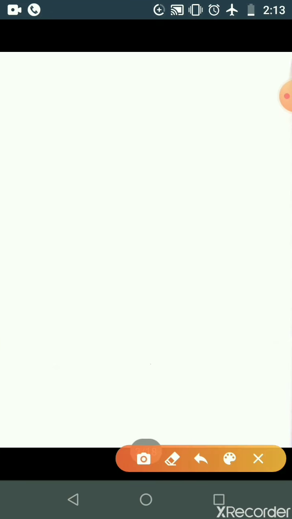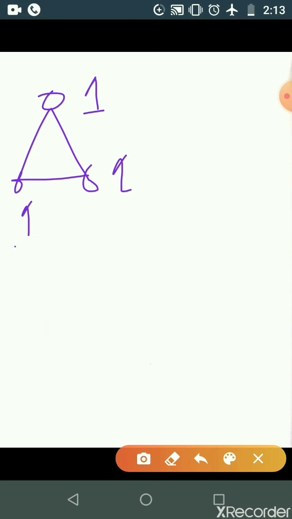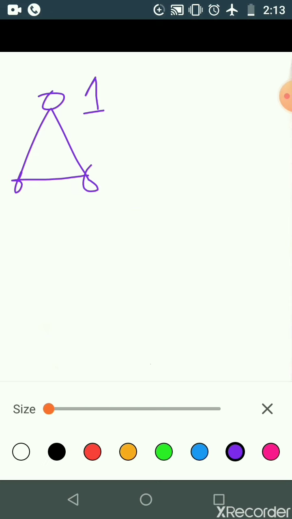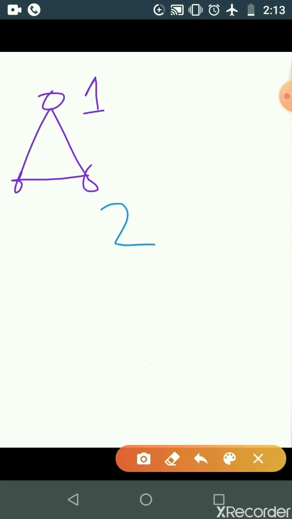For example, you are just taking C3. How many colors? Obviously you can use one color, that will be one coloring, but this is not a proper coloring, correct? Because adjacent vertices are having the same color. So for proper coloring you need to use other colors, correct? And this third vertex is adjacent with this one as well as this one, that's why you need to use a third color.